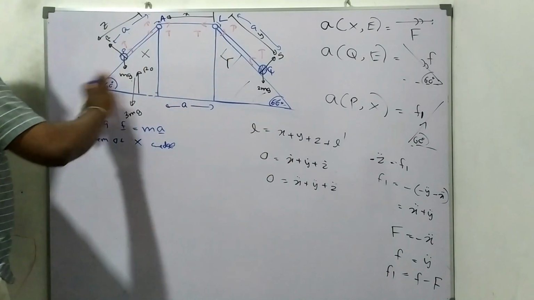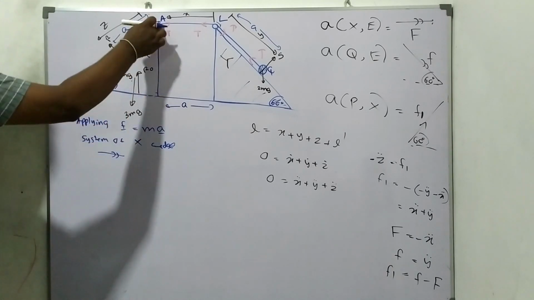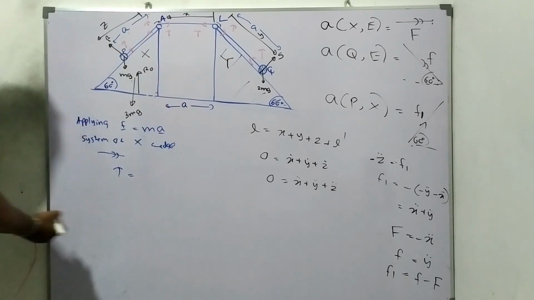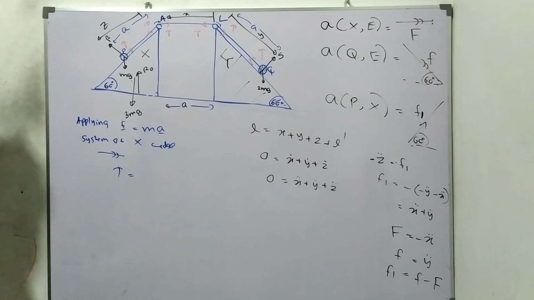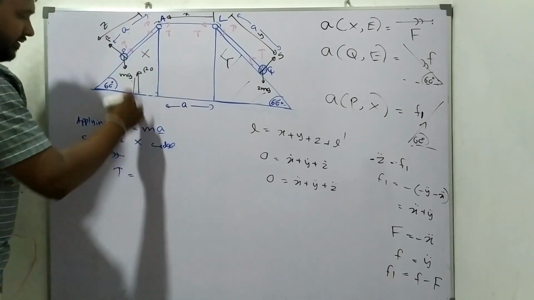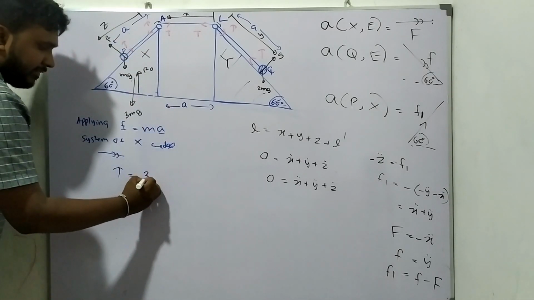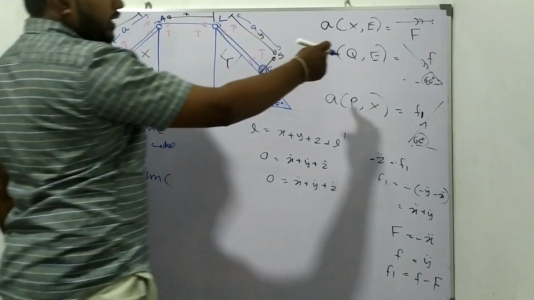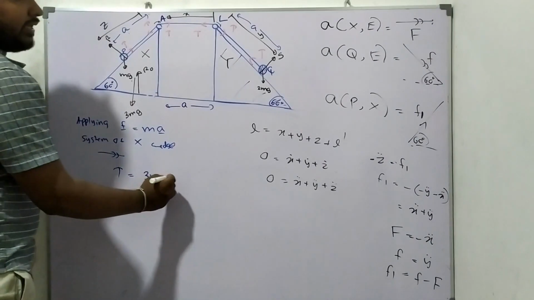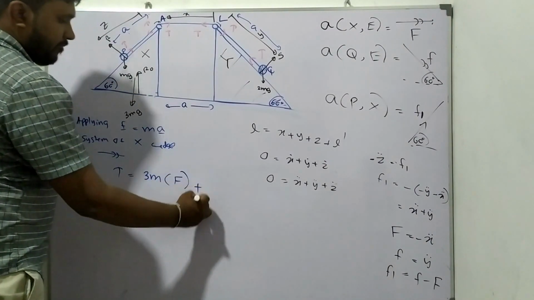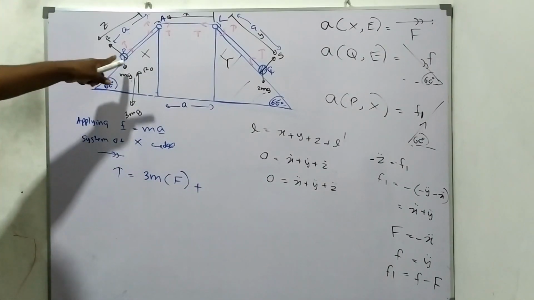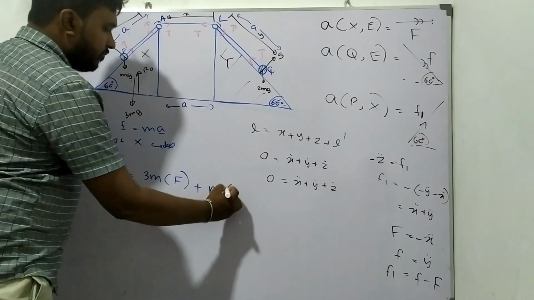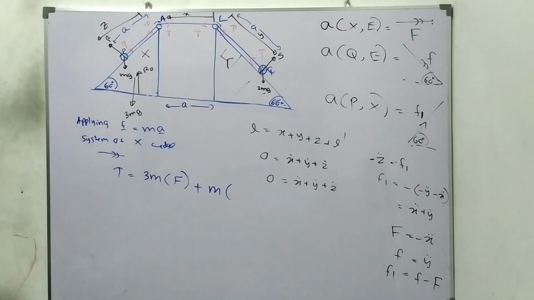You can see in that direction T is there and F is already here. The wedge mass is 3m with acceleration of the wedge, capital F, plus this particle simple m into acceleration.